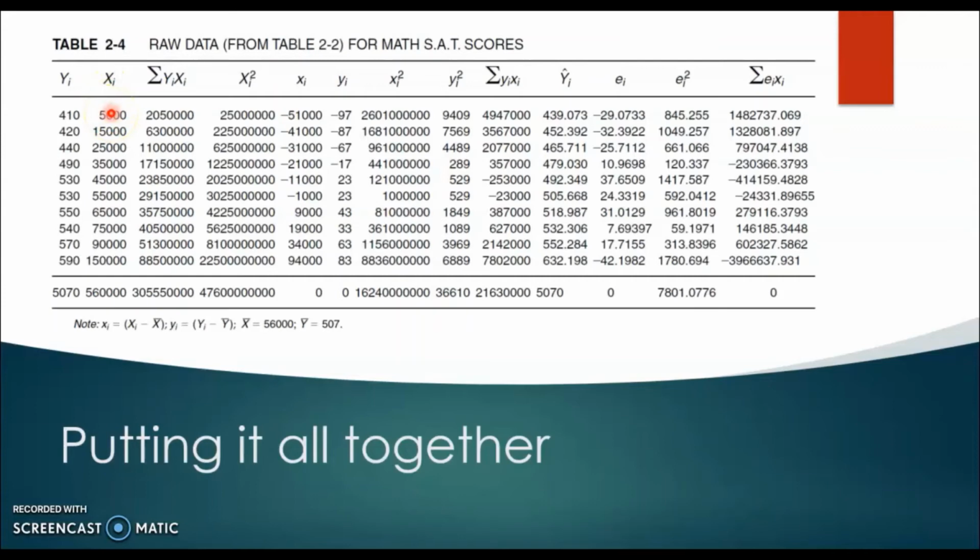For example, for the first observation, we multiply 410 points with $5,000 to get this particular value here, which is equal to 2,050,000.